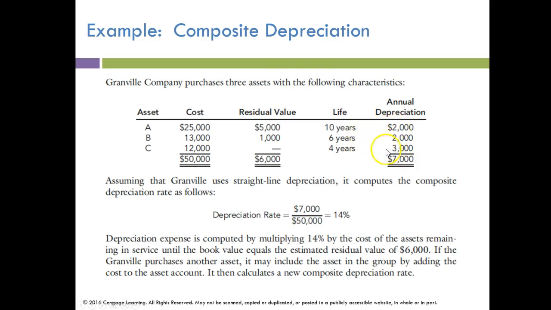We will calculate each item to determine what its annual depreciation would be, but then come up with an aggregate total annual depreciation for the composite group. And so here we've got total annual depreciation of 7,000 divided by our total cost, which is a 14% depreciation.